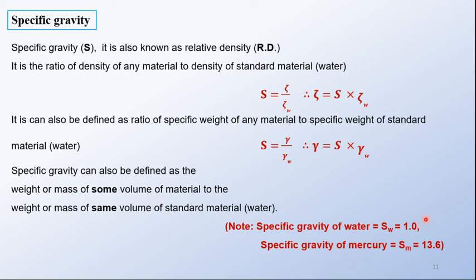This hasn't got any units because it is a ratio of the same property, that is density and density. Both of them are featured in same units so that the units cancel off, and resultantly you will not have any units as far as specific gravity is concerned. Specific gravity of mercury, if you take Sm, it is equal to 13.6.